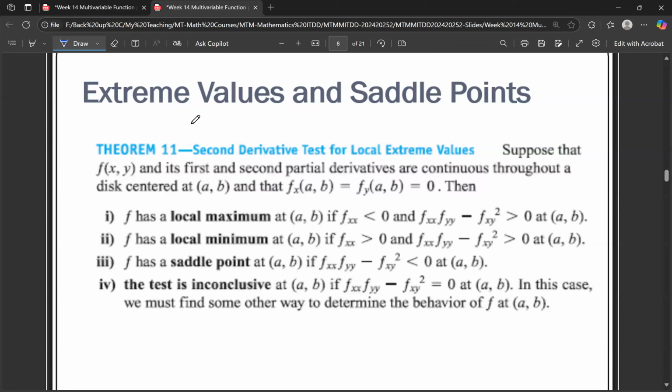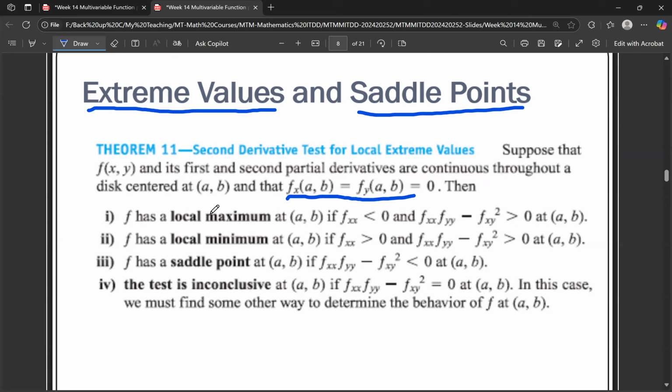And how do we calculate extreme values and saddle points? This is the procedure. First, we must find the critical points.